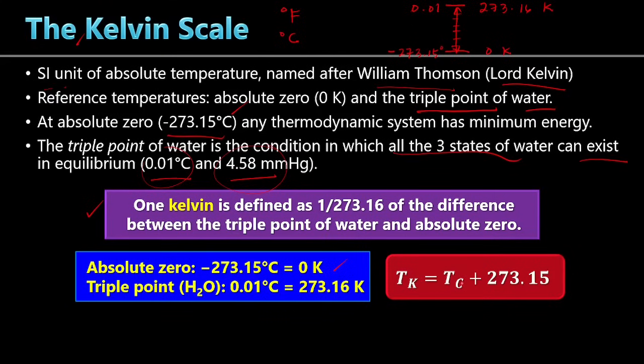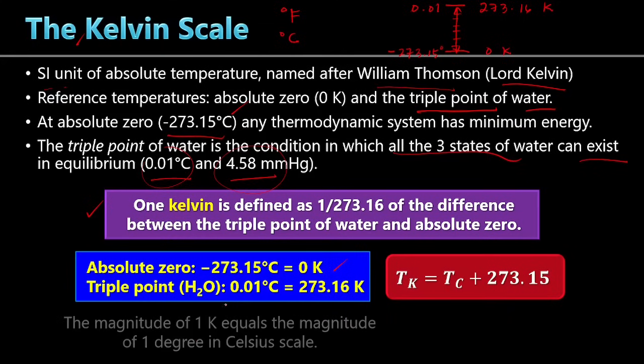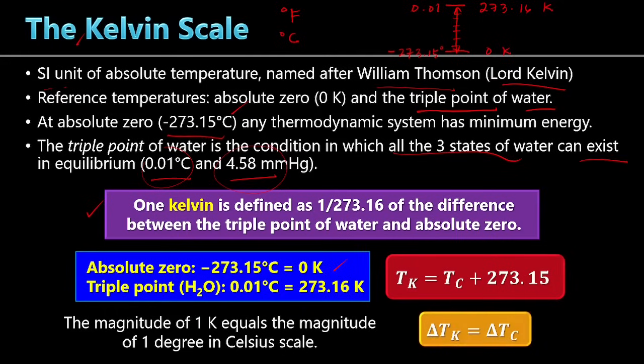Okay? Now the good thing about Kelvin is that the Kelvin scale is compatible with the Celsius scale. Why? Because the magnitude of 1 Kelvin equals the magnitude of 1 degree in Celsius scale. Okay? So kung magkasing laki pala yung magnitude ng 1 Kelvin at saka 1 Celsius degree, then a change in degree Kelvin would be equal to the change in degree Celsius.